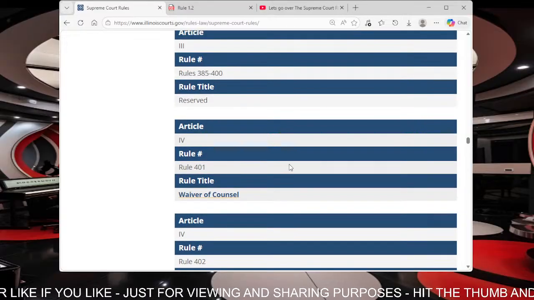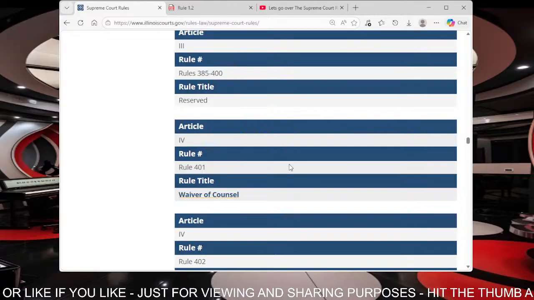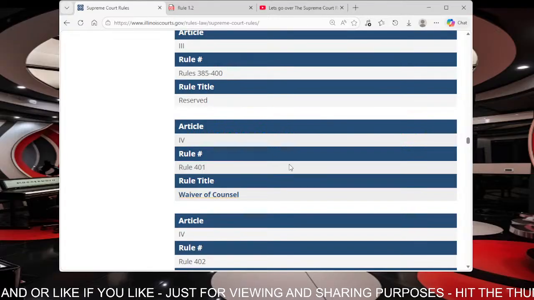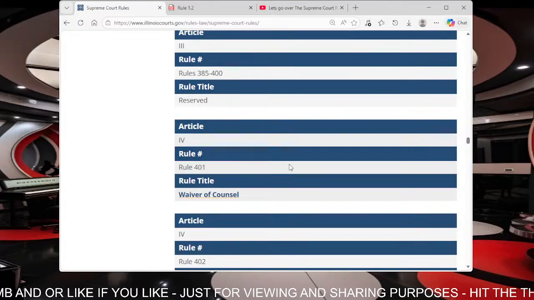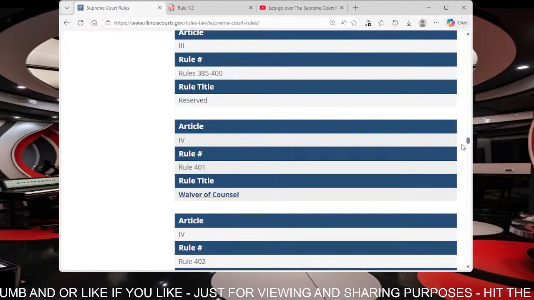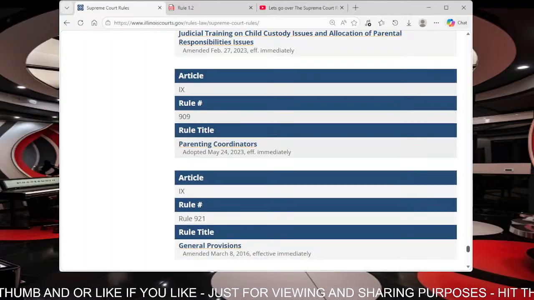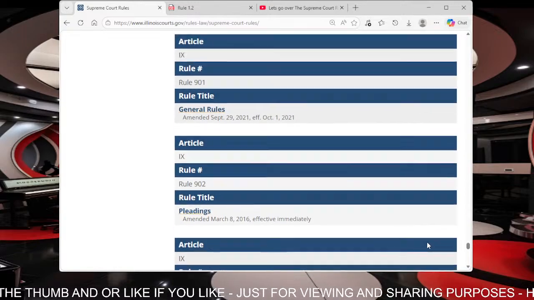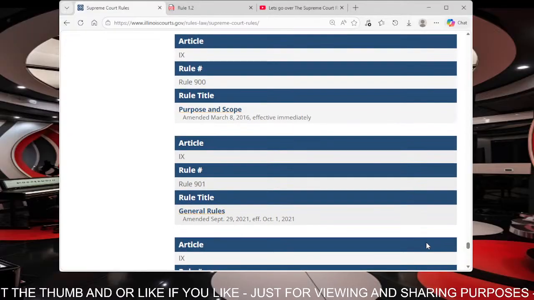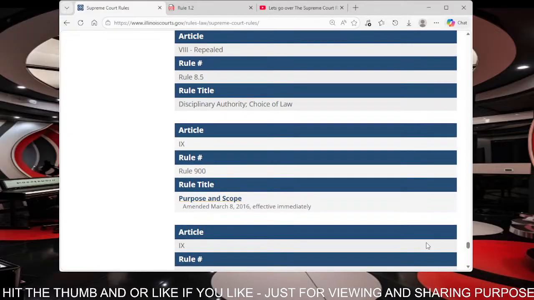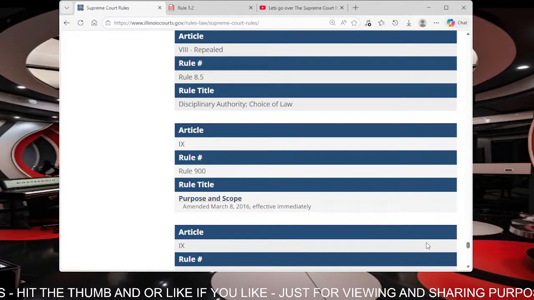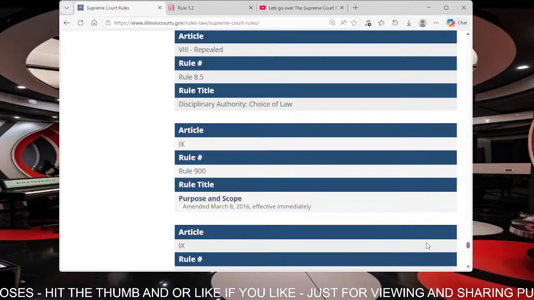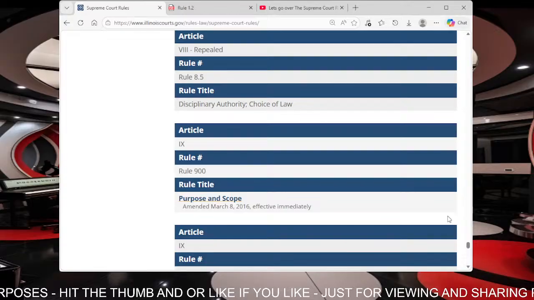Oh, wait a minute. It's saying waiver of counsel. Wait a minute. Rule 901? Authentication. Rule 901, authentication. No, that ain't it. Rules of Evidence, Illinois Supreme Court.